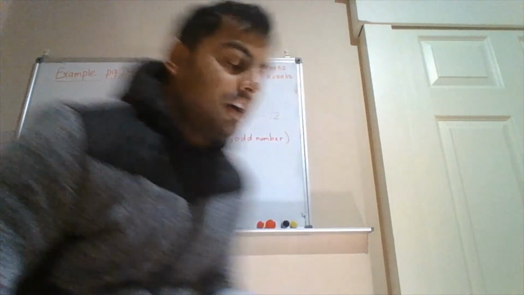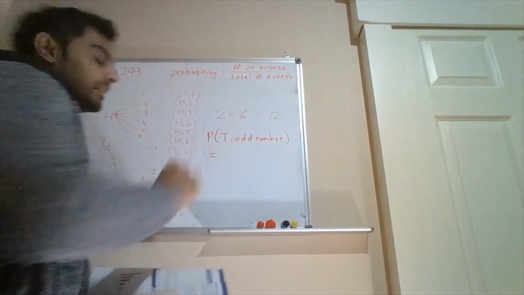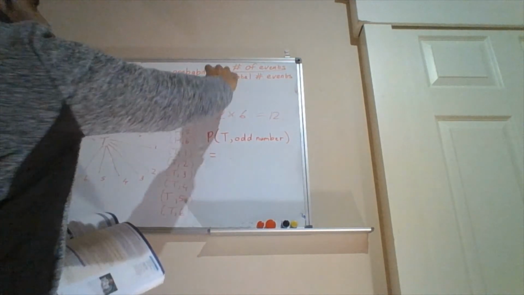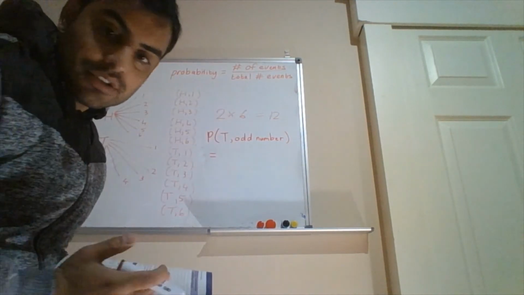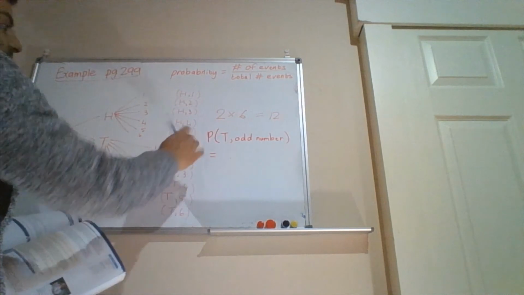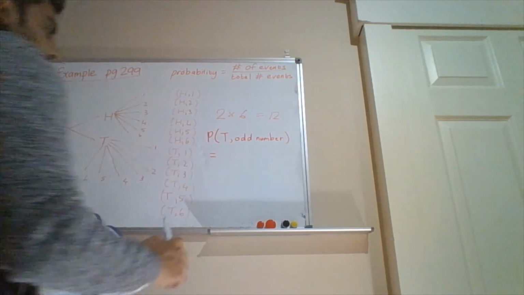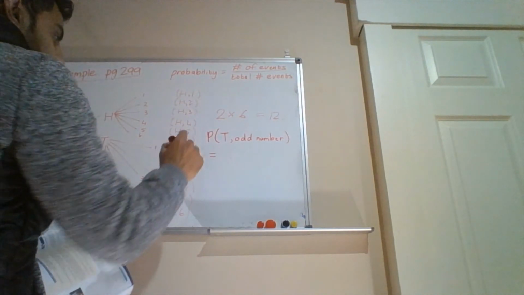In question 2, we are looking for the probability of getting a tail and an odd number. So let's count the number of events that we are interested in. So we're only focusing on the lower branch where we get a tail, and then we look for the odd numbers.